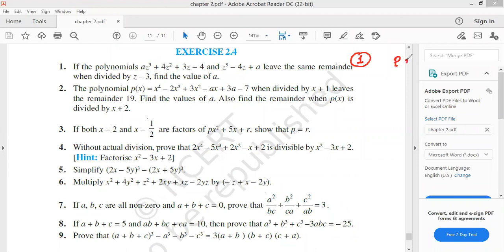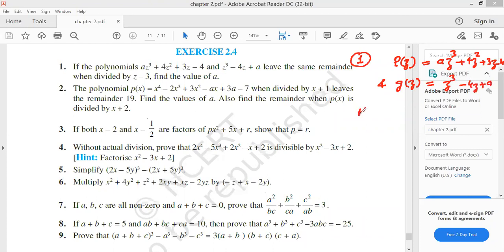Suppose the first polynomial is p of z, az cube plus 4z square plus 3z minus 4, and the second polynomial is g of z, z cube minus 4z plus a.